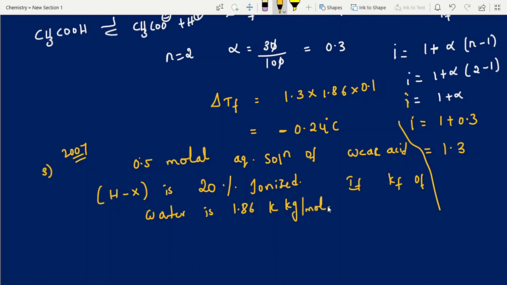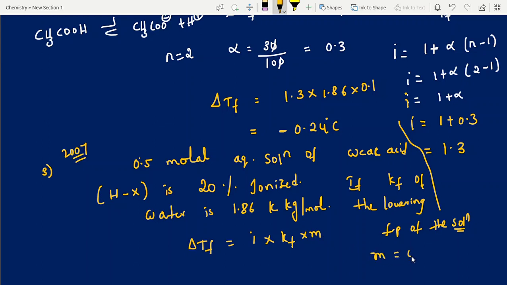Okay. Next, find the lowering of freezing point of the solution. Did you understand, Van't Hoff freezing point or normal freezing point? Delta Tf equal to, again since alpha ionization is given, i into Kf into m. Again, same story. m equal to 0.5, Kf equal to 1.86. HX is a weak acid, so directly you can take i equal to 1 plus alpha.